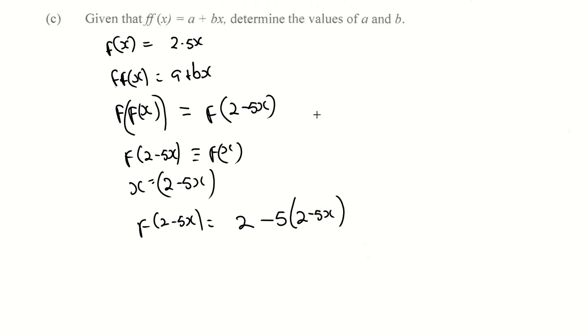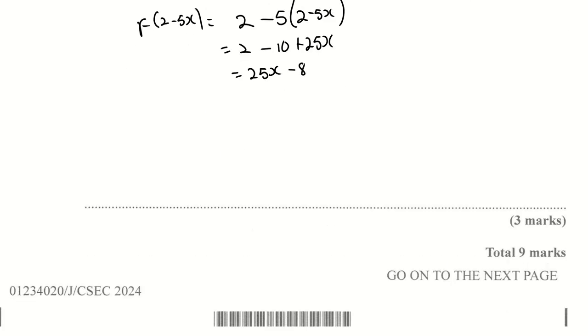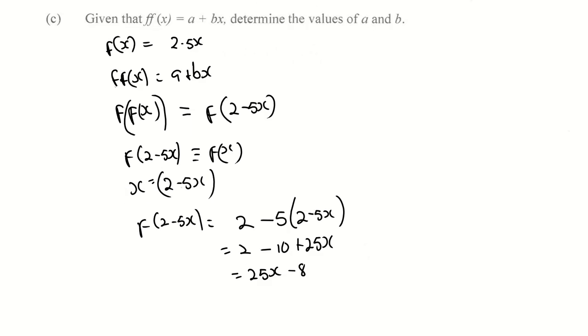The relationship between 5 and x is multiplication, so that's 2 minus 10 plus 25x, which is equal to 25x minus 8, and that will be your answer for this question. Do you understand this? And that is 3 marks, guys.